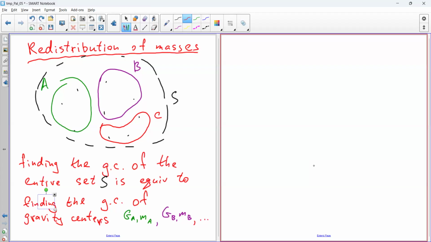But here, by proving this redistribution of masses, we actually show that for most situations in a mathematical context, we may consider this as an existing and uniform object, because normally, following the physical intuition, we'll be considering different strategies for how to compute the center of gravity, the center of mass of the system.